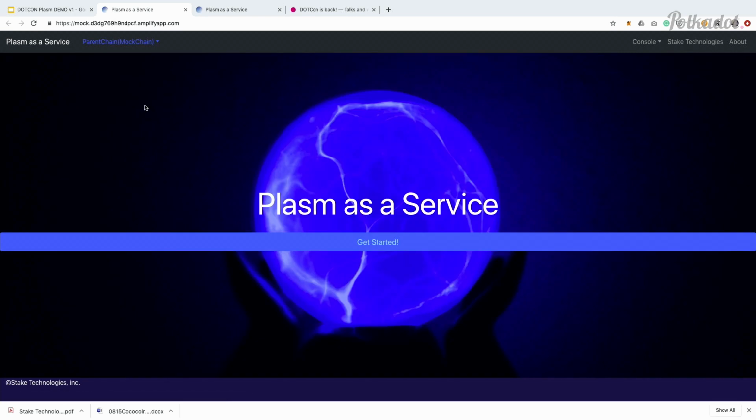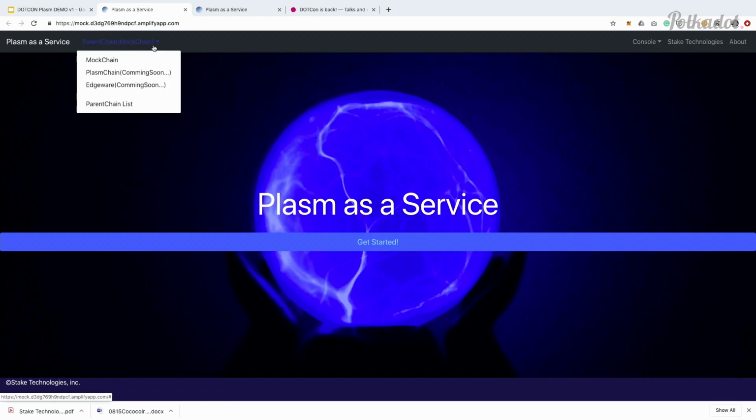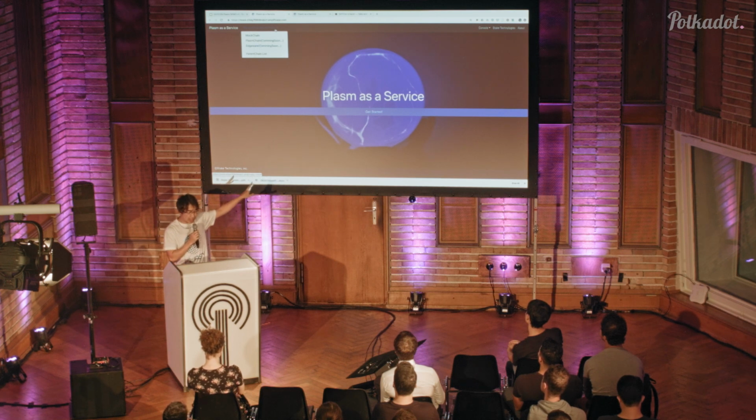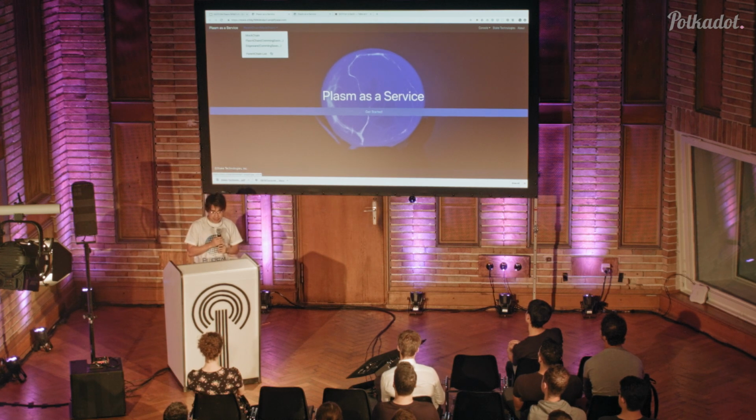So let's see. Here, you can choose which chain to connect. It might be a Plasm parachain, ours. It might be Edgeware. It might be Ethereum. And we're going to list many parachains here. So if you are building a parachain, let us know. All right, let's get started.